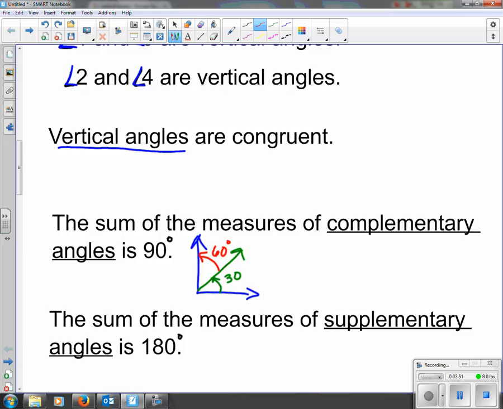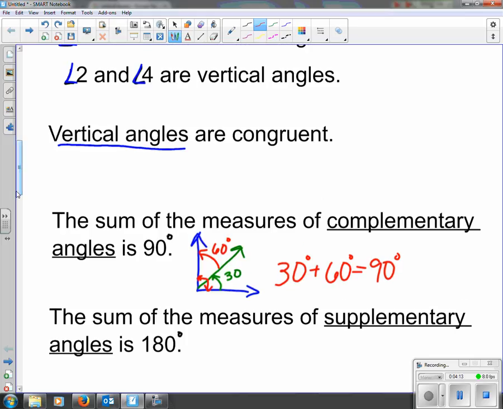Complementary means the 30 plus the 60 has to equal 90 degrees, and it does. So these two angles are complementary. Anything that equals 90 degrees, those two angles complement each other.